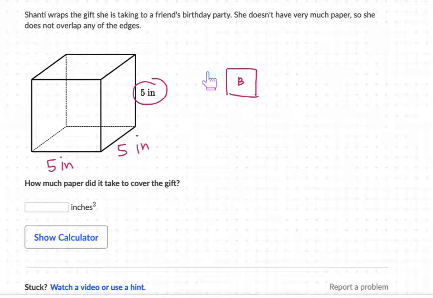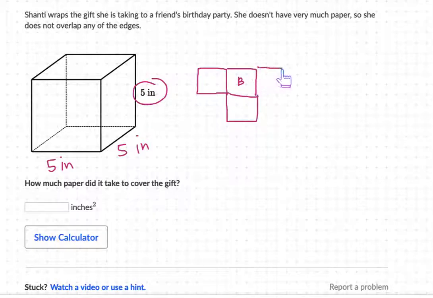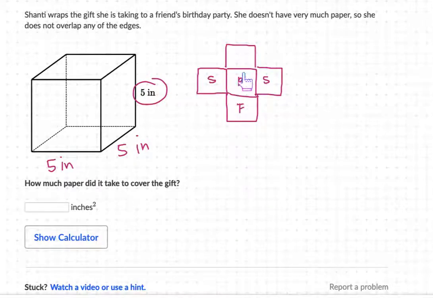The bottom, if we open up this box, it's going to open up all these sides. So this is the side, this can be the front, this is the back. Okay, so we have the front going up, the back going up, the sides both going up. And then that means we're just missing the top.